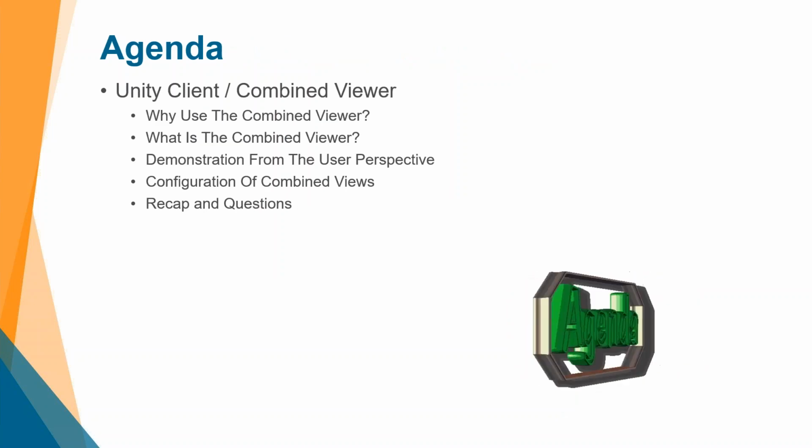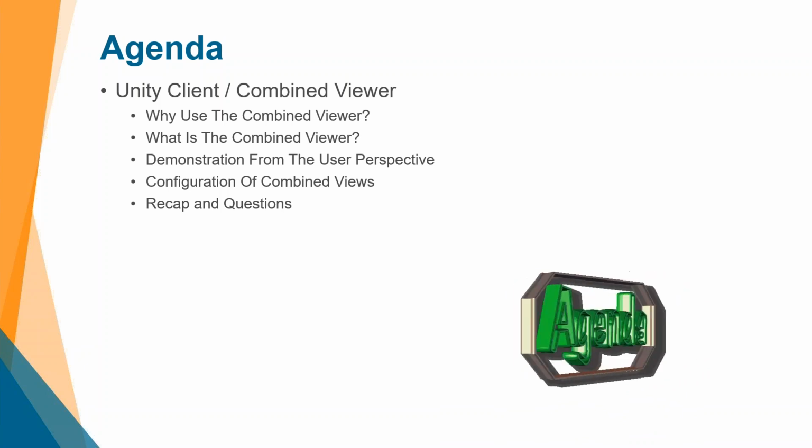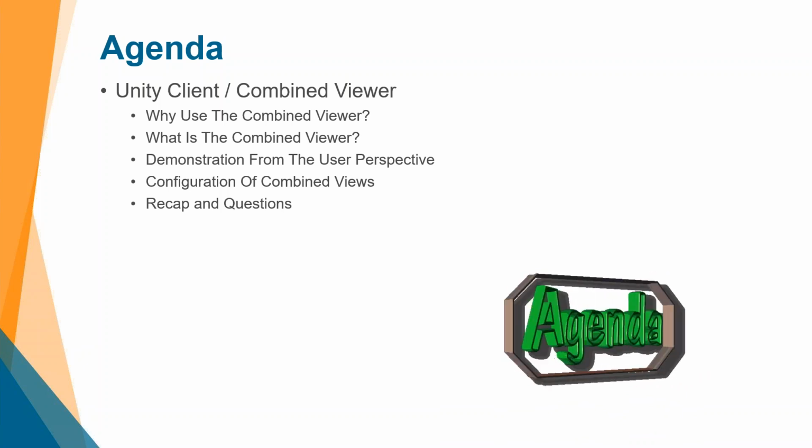So without any further ado, let's go through the agenda relatively quickly. We're going to be talking about the combined viewer, which is a newer component of the Unity client. First off, why you might even consider using the combined viewer. It doesn't have to be used by everybody, but it's there. So let's talk through why it might be good for you. What is the combined viewer?